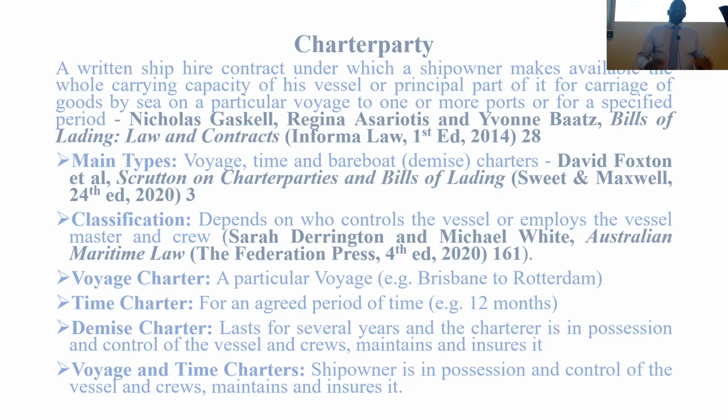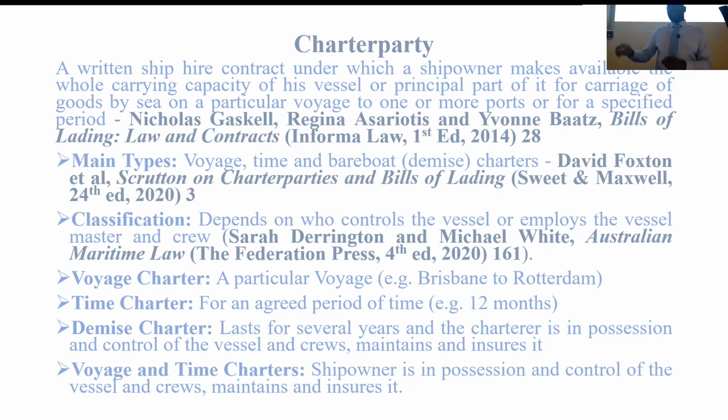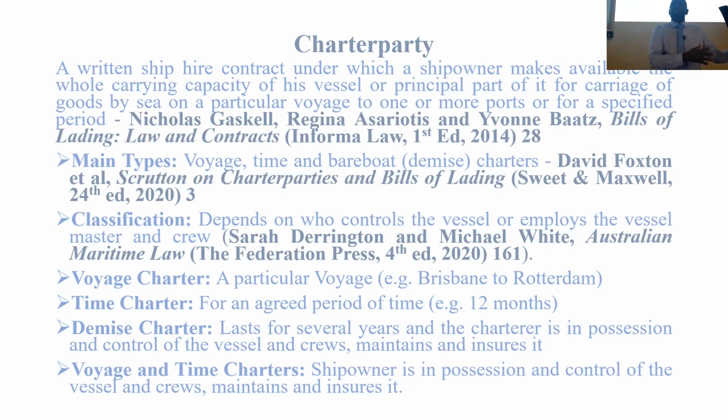So the question is, since what determines which category of charter party exists at a particular point is who controls the vessel and the crew members, what are the implications of the fact that we are now talking of vessels that will not have crew members?